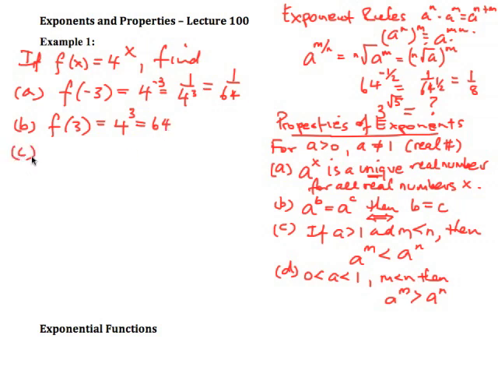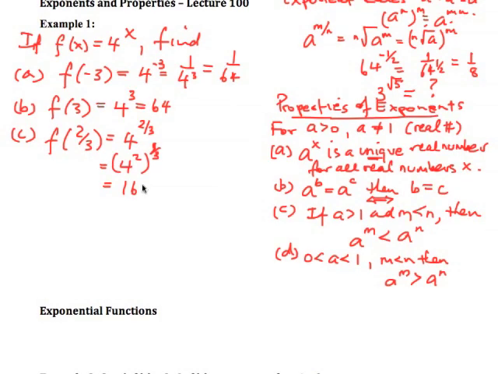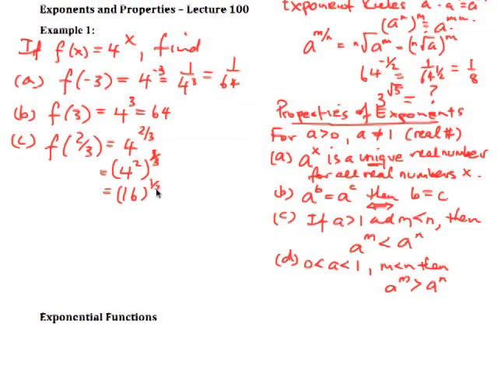If I want to look at, let's suppose I want to do f of 2/3. Well this will be 4 to the 2/3. Now if we find 4 to the 2/3, then this will in fact be 4 squared to the 1/3, which of course is 16 to the 1/3.